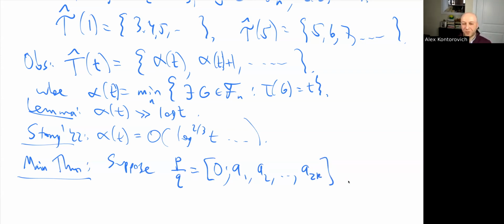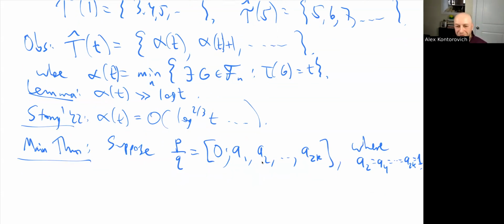Suppose that p over q has an expansion like this, where a2 and a4 and all of the even values are equal to 1. So in other words, it's something, then the next partial quotient is 1, then something, next partial quotient is 1, and the last partial quotient finally is 1.